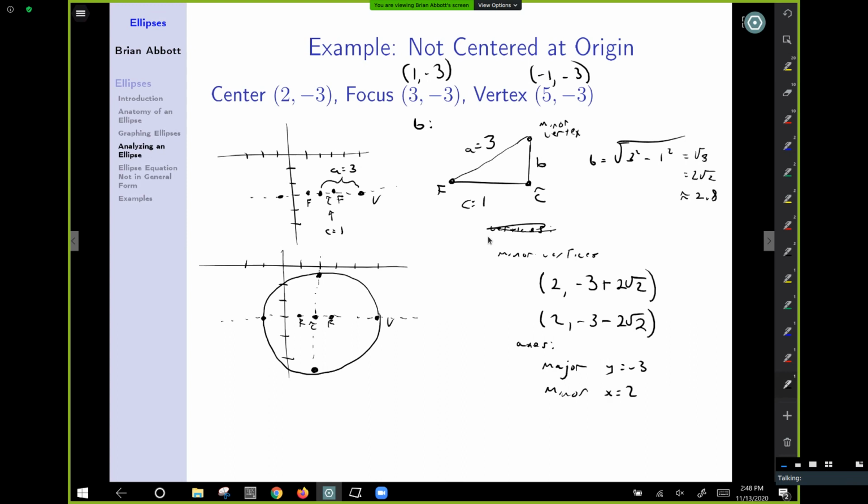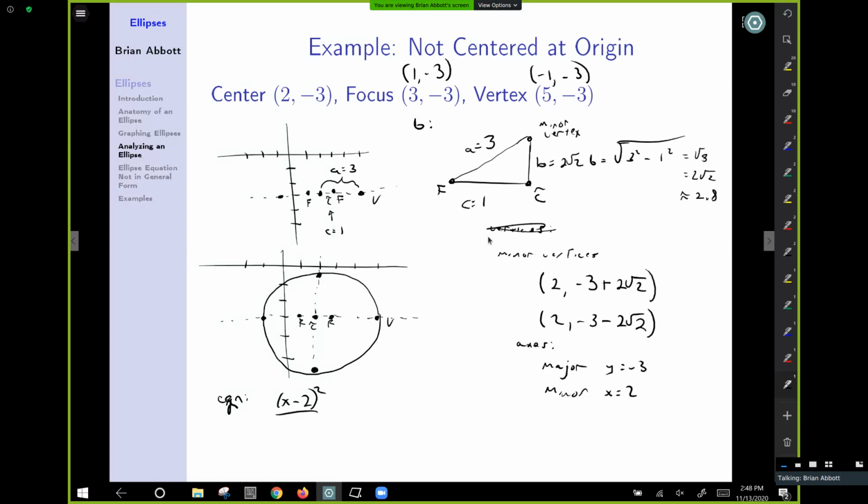All right. Other summaries: we've got A equal to 3 above in our triangle, C equal to 1, and B, let's add it to our triangle, 2 root 2. Well, we can now put this all together into the equation. x minus the x coordinate of the center is x minus 2 squared over A squared.